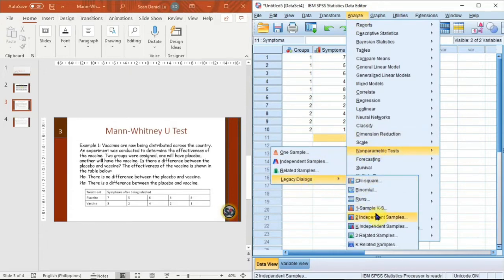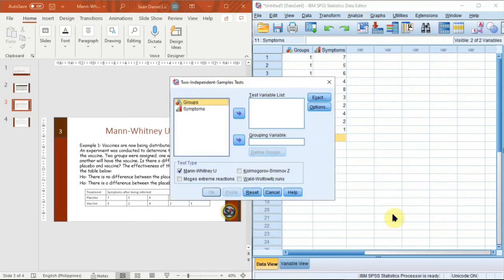This time, 2 independent samples. If the samples are dependent, you will have to use a Wilcoxon test of 2 related samples. This time the samples are independent. Let's use this. I'll put this grouping variable here.